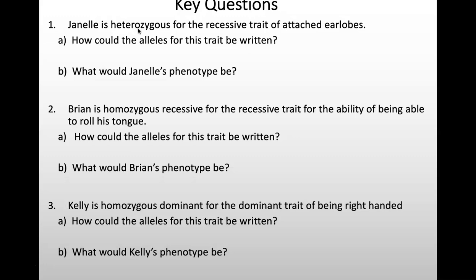So the dominant allele would be, let's do big E for dominant earlobes and a little e for attached earlobes. Okay, how could the alleles for this trait be written? Well, we could do a dominant big E for not attached earlobes, and then a small e for the attached recessive trait. So what would Janelle's phenotype be?